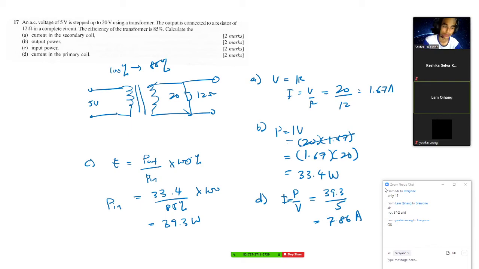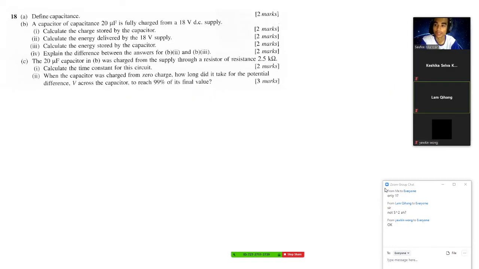No problem. Okay, now we go to question number 18. Define capacitance. It's in your mark scheme, right? Define capacitance. What is capacitance?